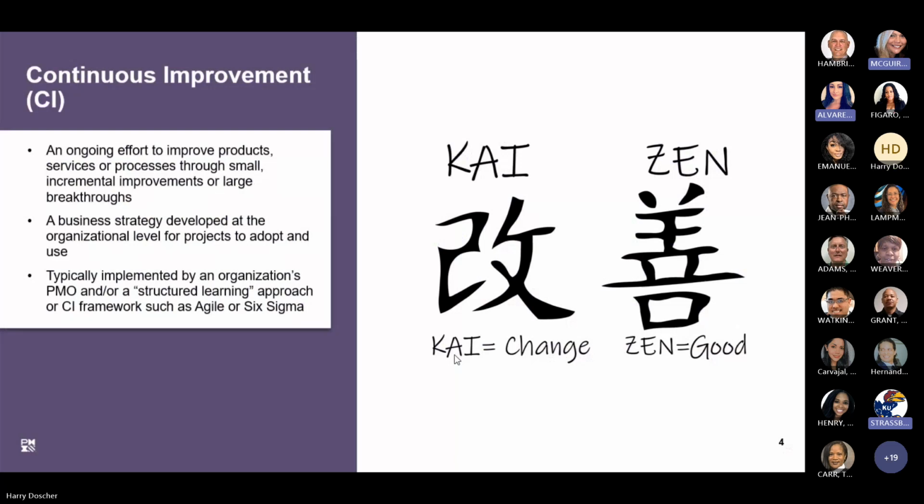It's a method of improving a product, taking small steps at a time, taking feedback from the team and the customers, and implementing small changes that make the product itself stronger and more desirable to customers.